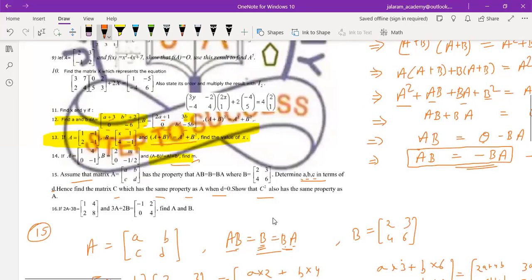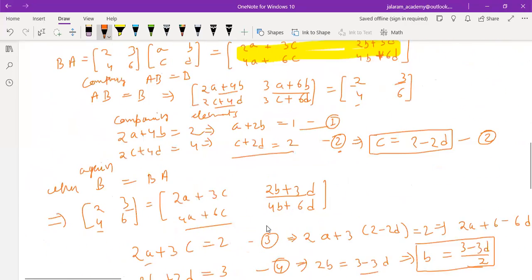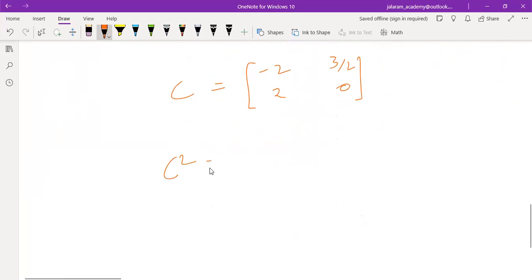So that C square also has the same property as A. Then find C square by multiplying C with C. Now you can do it after this.